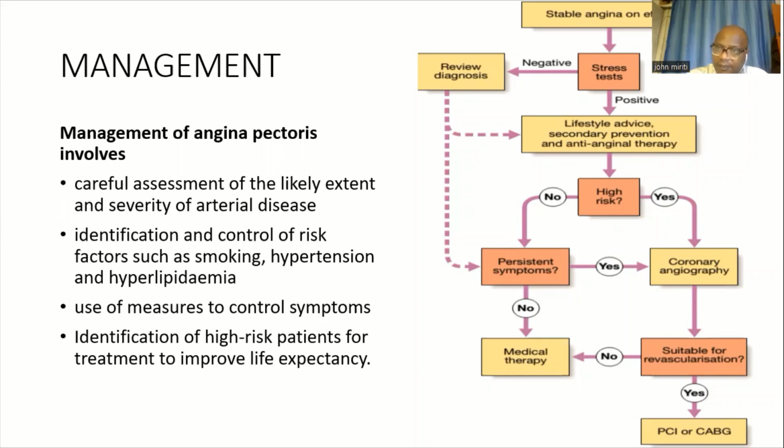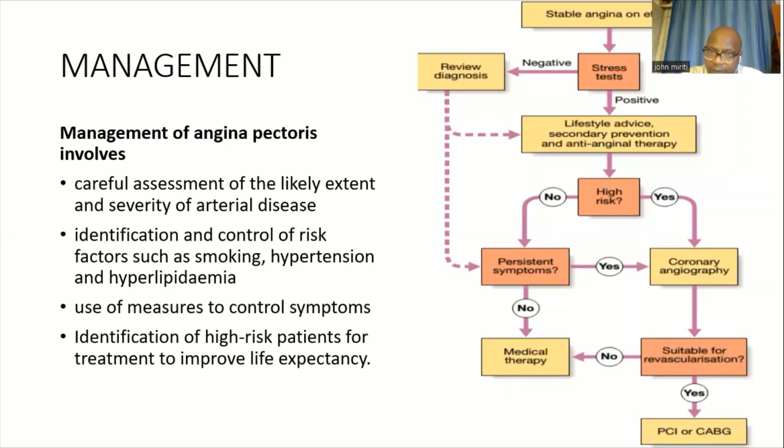If the patient has hypertension, you control it, and also if the patient has diabetes, you control it. Then you can give anti-angina therapy. Those are the nitrate drugs if the test is positive. If the patient is high risk, you assess for high risk.